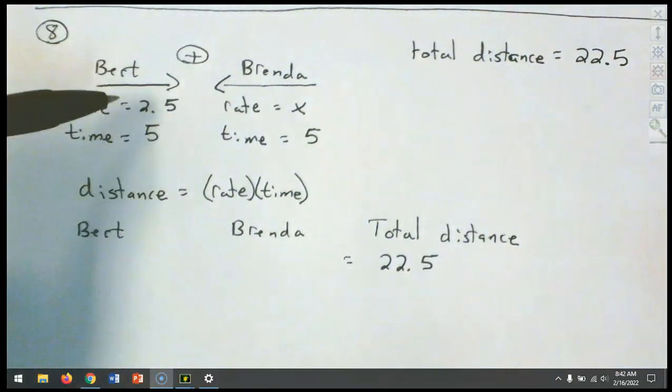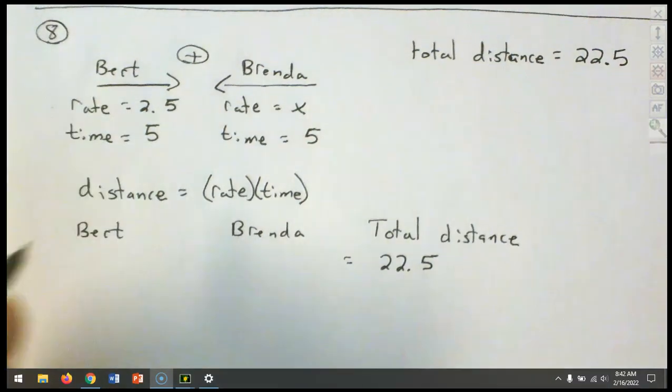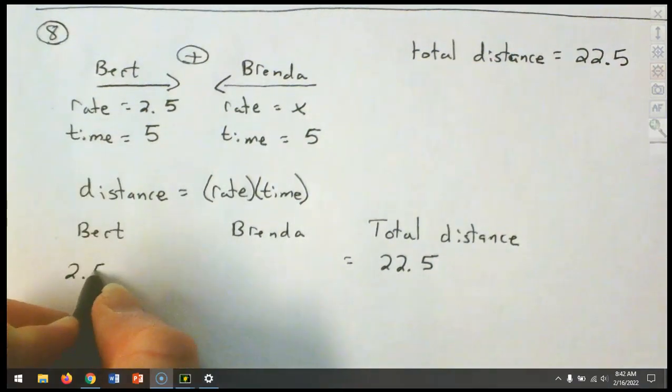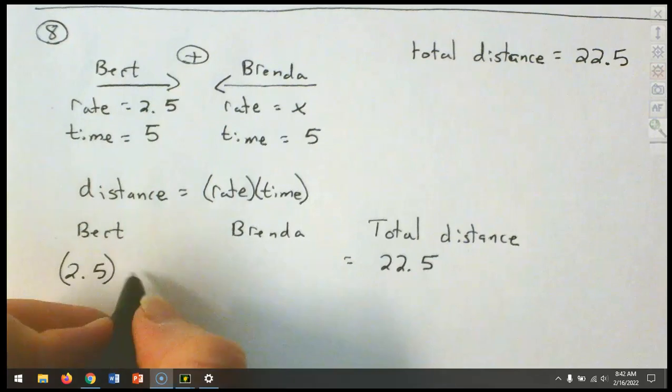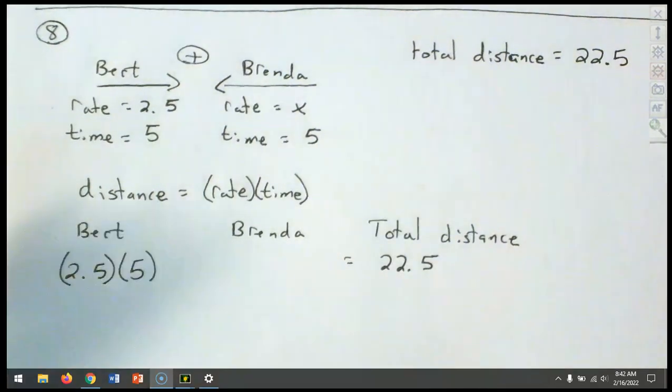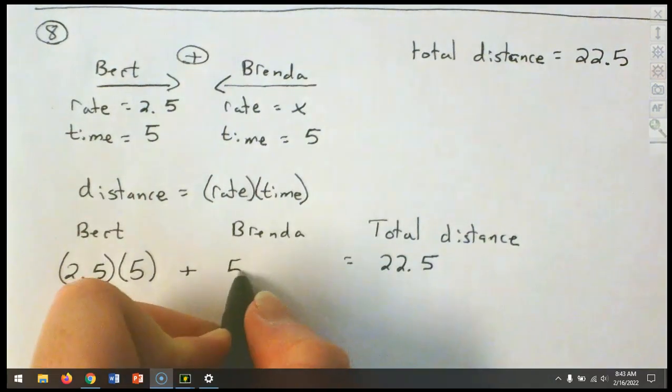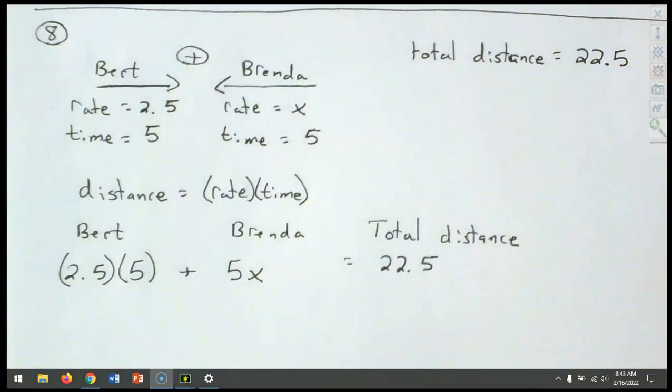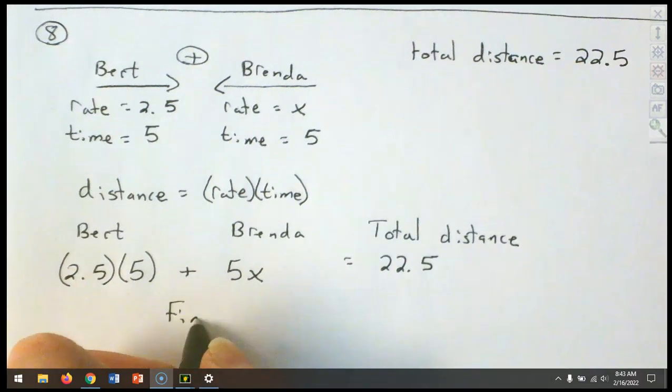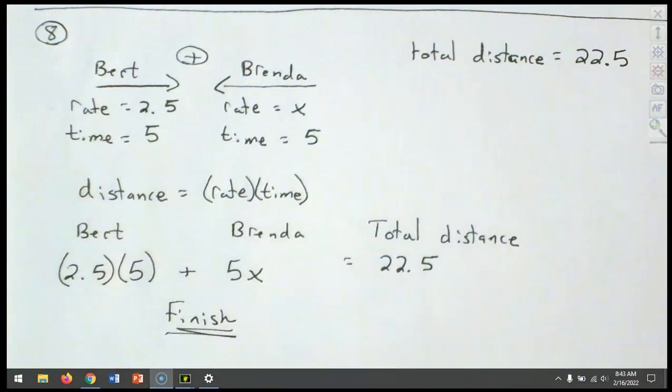And what do we know about Bert? Rate times time. So that's 2.5 times your 5. They're going to add together. And Brenda is 5 times x, so that's 5x. And you can finish it from there.